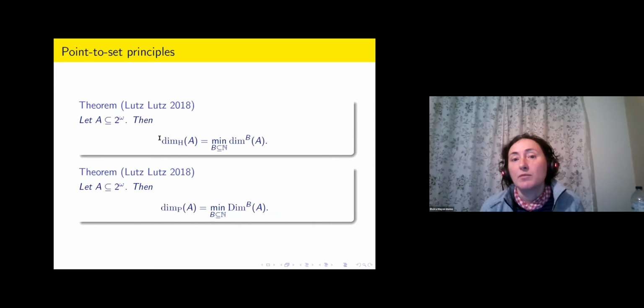Okay, so it's a minimum. That's very interesting. For each set A, there always exists an oracle for which effective dimension relative to that oracle is classical dimension. And that happens too for packing dimension. Actually, quite a few interesting results have been proven in fractal geometry using this point-to-set principle.